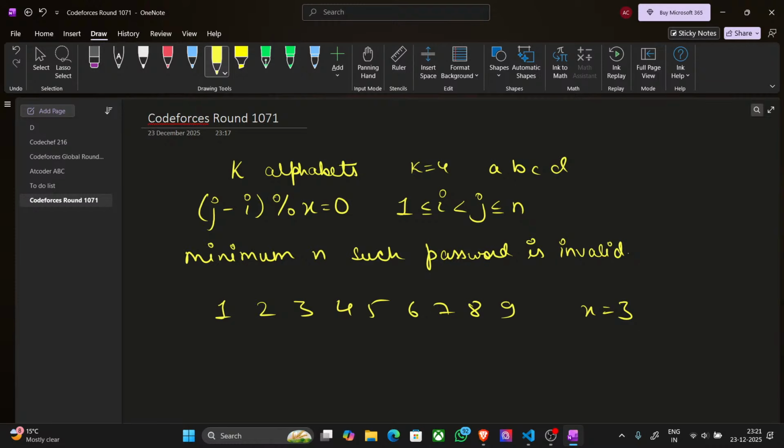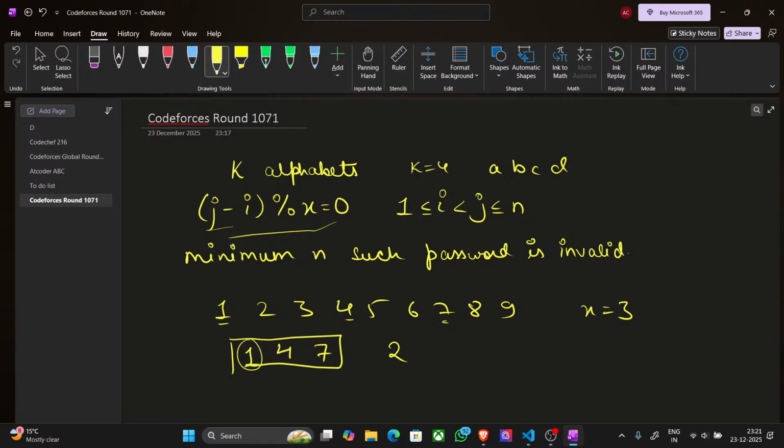What are the indices that make this valid? One pair of indices is 1, then we can take 4 or 7. As you can see, 4 minus 1 modulus 3 is 0, 7 minus 1 modulus 3 is 0, and 7 minus 4 modulus 3 is 0. So this is my first group of indices.